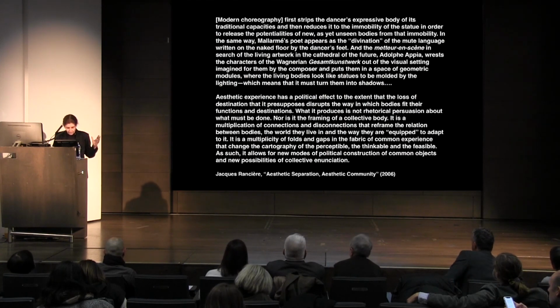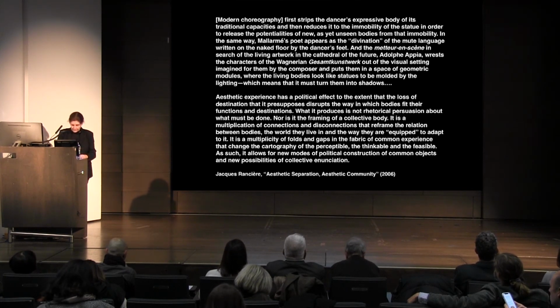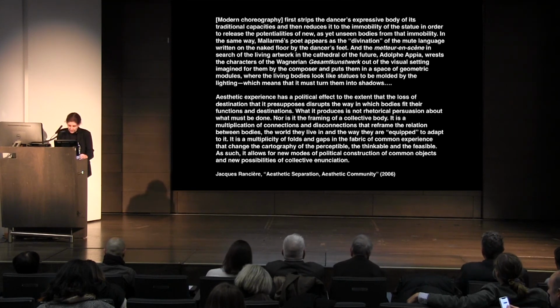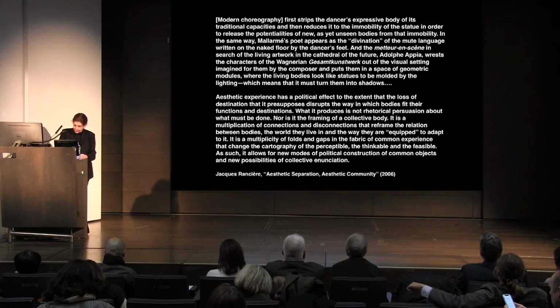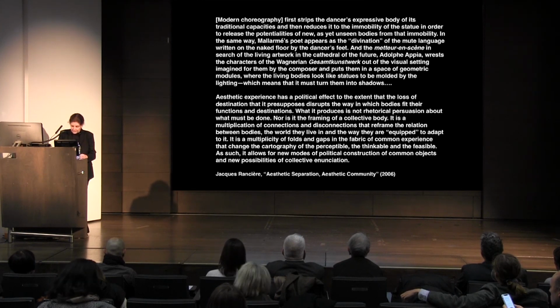And he writes, modern choreography first strips the dancer's expressive body of its traditional mimetic capacities and then reduces it to the immobility of the statue in order to release the potentialities of new, as yet unseen bodies from that immobility. In the same way, Mallarmé's poem appears as the divination of the mute language written on the naked floor by the dancer's feet.